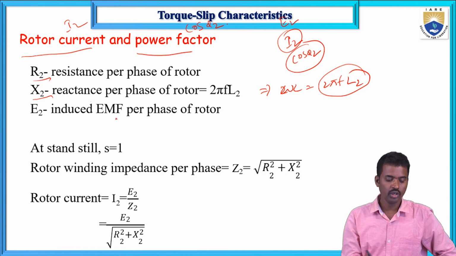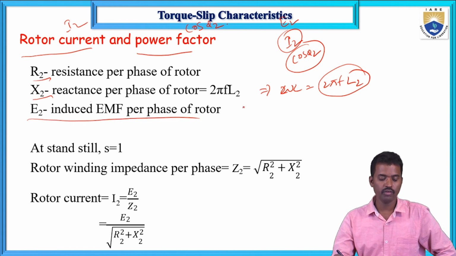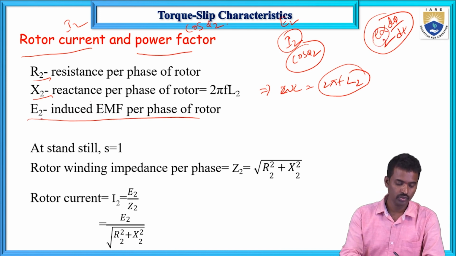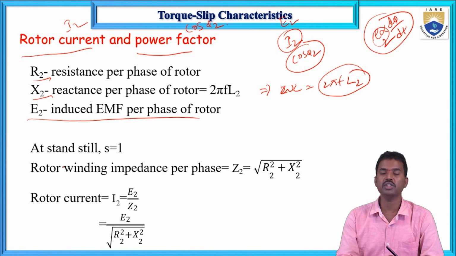E2 is the induced EMF per phase of the rotor. According to Faraday's law of electromagnetic induction, the induced EMF is proportional to d phi by dt, and it is developed in the rotor conductor. The suffix 2 indicates the rotor, and at standstill condition S equals 1 only.